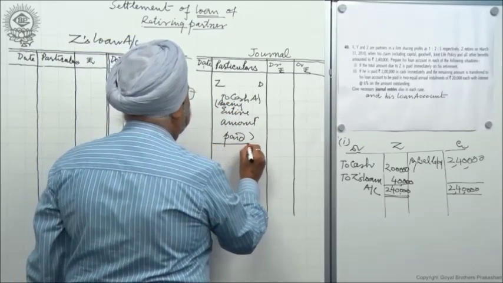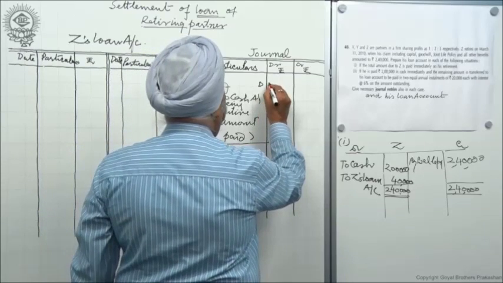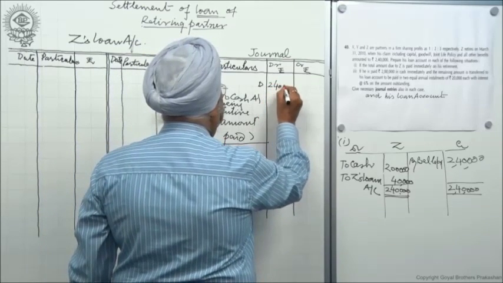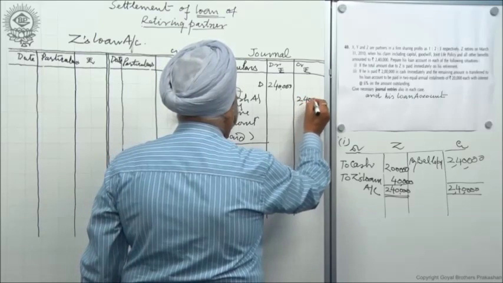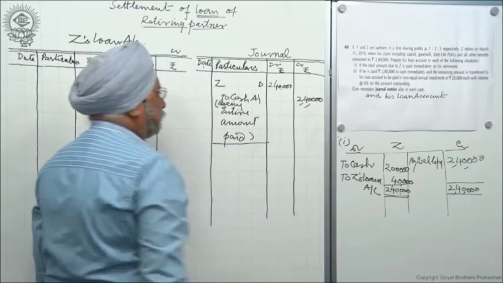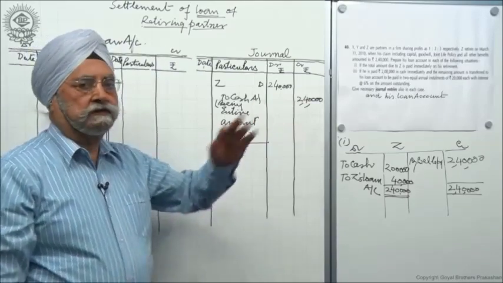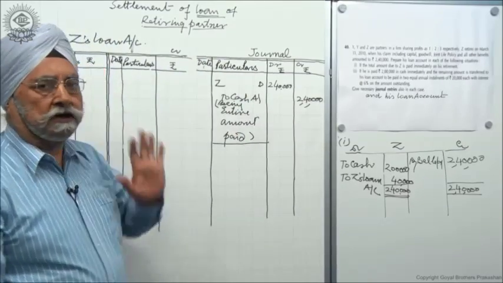So this is the journal entry. What is the entire amount? 2,40,000. When the entire amount is paid, it is 2,40,000. This is the only journal entry.